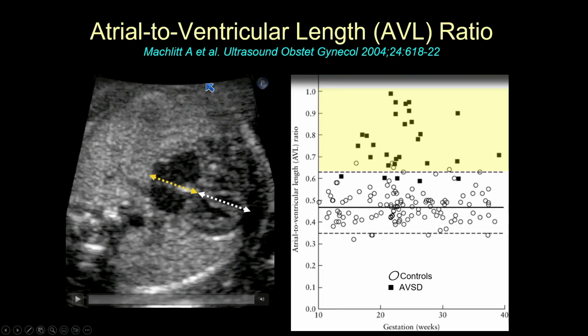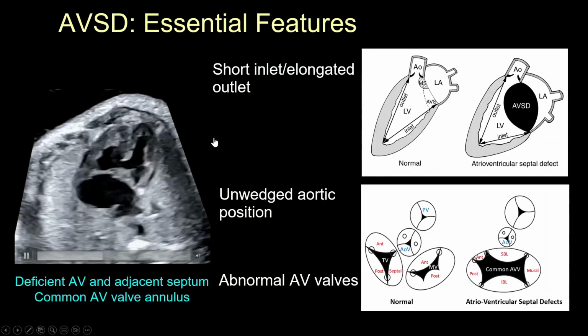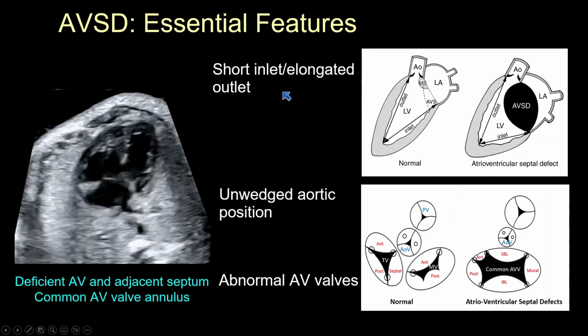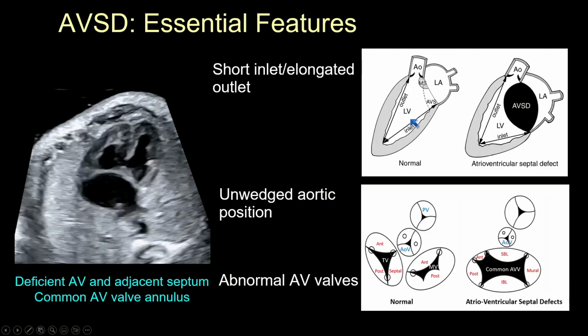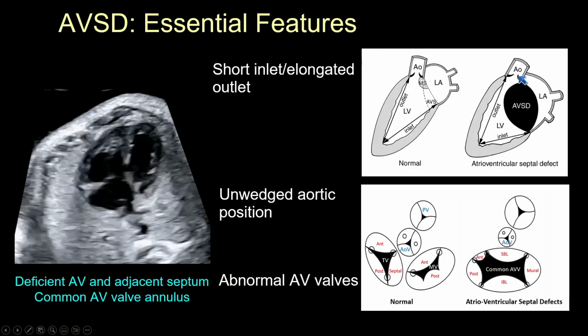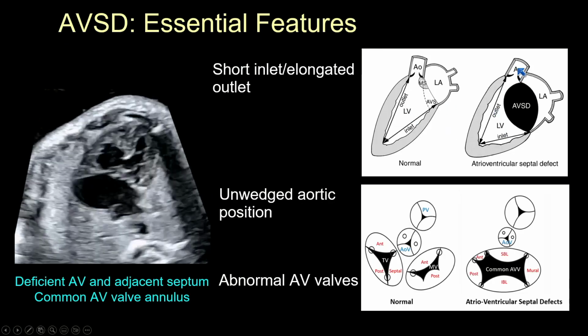So this is an example of a patient with a partial AVSD, where you see the relationship between the atrial septum and the ventricular septum is about equal. And this is again shown in this paper published some years ago in Ultrasound in Obstetrics and Gynecology. Another feature, because of the elongated outflow tract, is that the aorta is higher up.